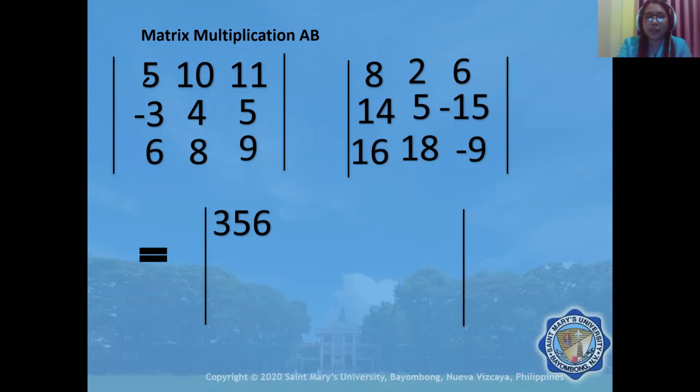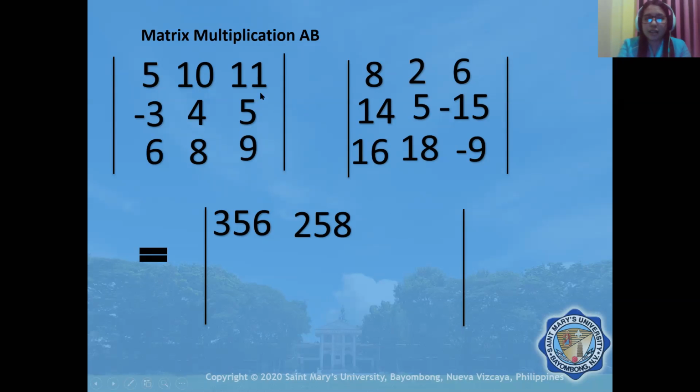So 5 times 2 is 10, added to 10 times 5 is 50, plus 11 times 18. So the result is equal to 258.